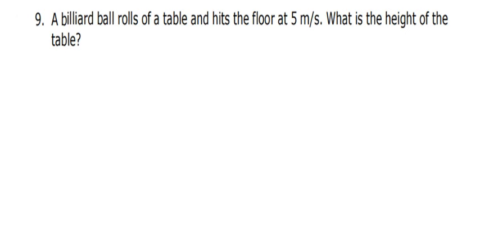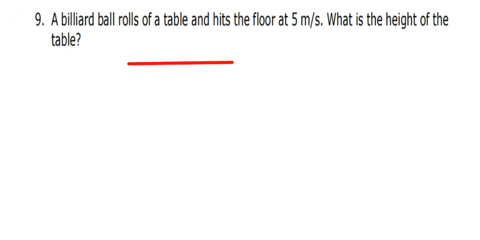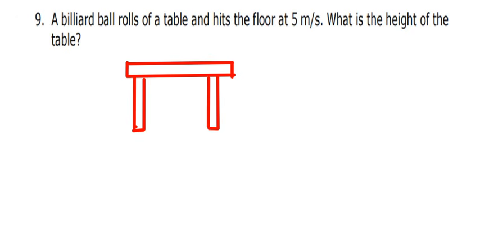If we were to assume this and just picture it, let's say this is the table, and the table has a stand like that. Not really drawn to scale, we're just trying to approximate things.